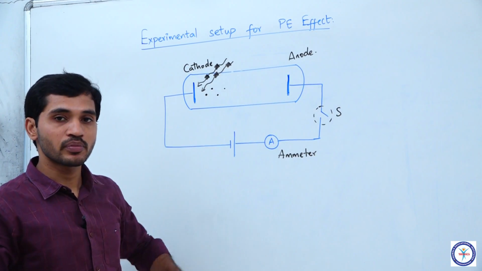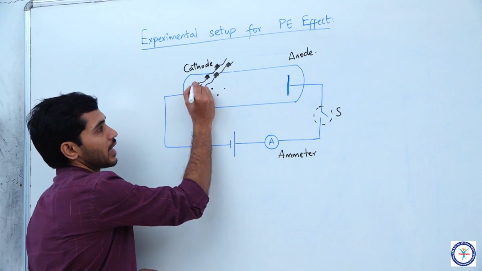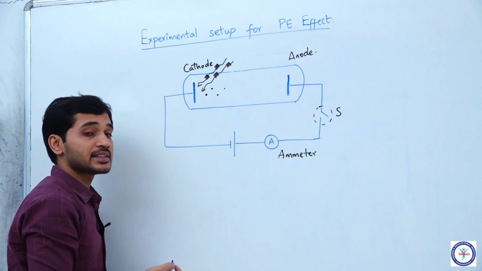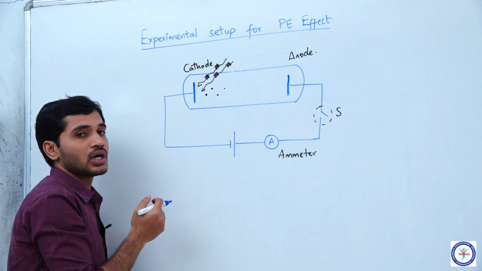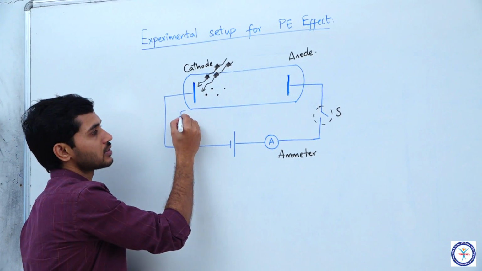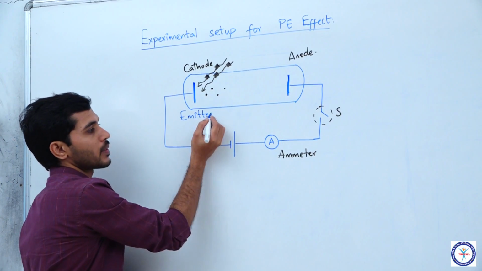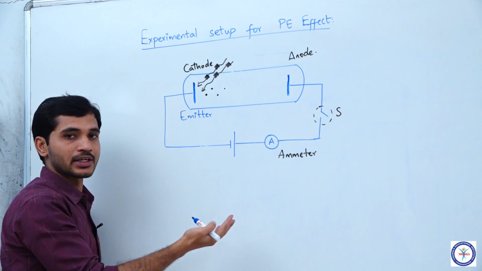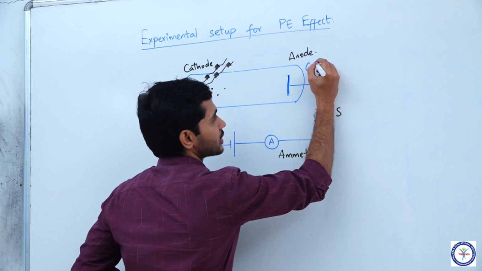They are made up of different materials as well. Now, let us observe what happens when light is incident on this cathode. The cathode is the one which behaves as the emitter, the emitter of electrons, and the anode is the one which behaves as the collector.